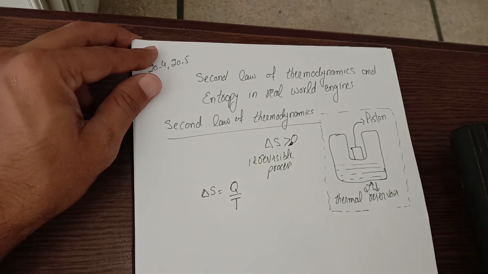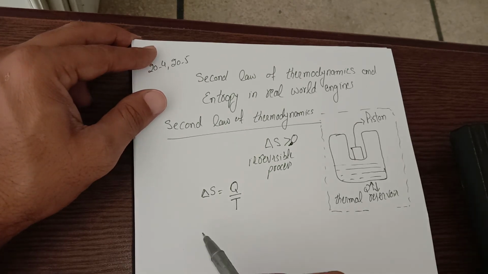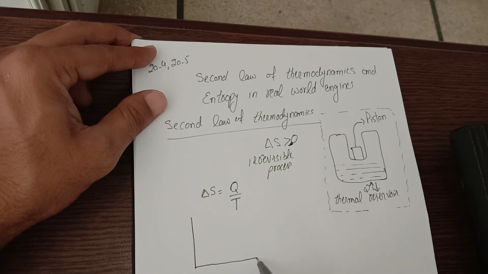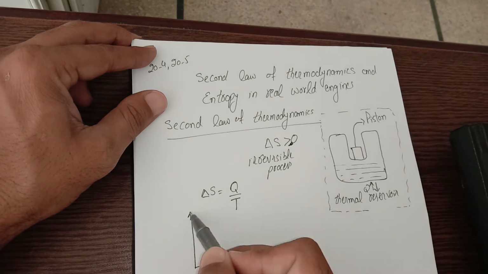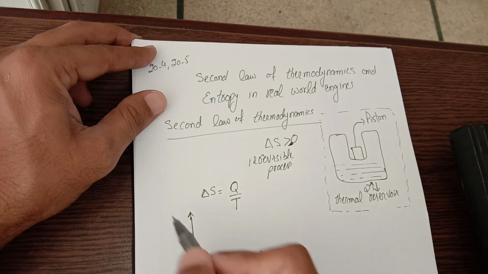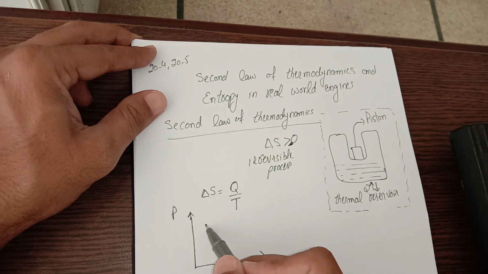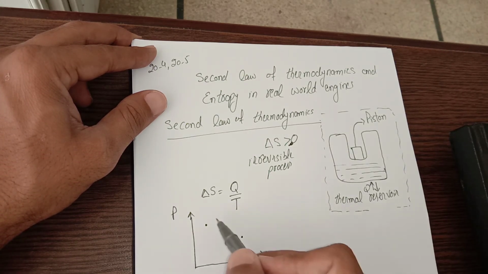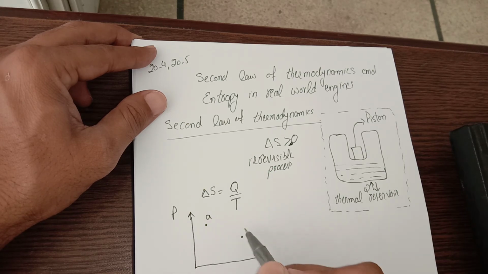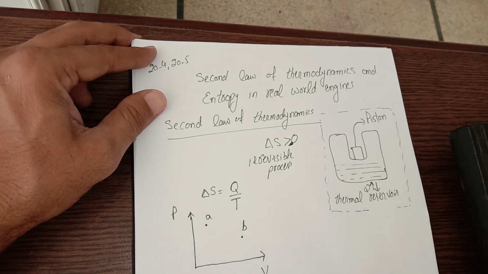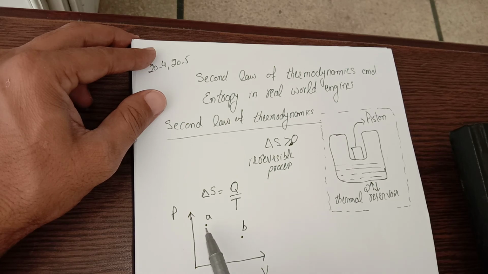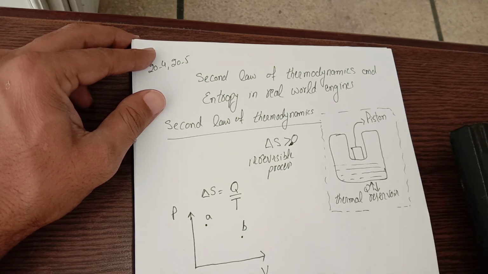We can also discuss these points in terms of a PV diagram. For an irreversible process, we took that the system undergoes a thermodynamic change from point A to B in an irreversible manner, raising its volume between these 2 points while keeping the temperature constant.